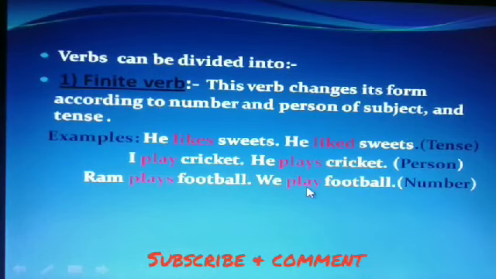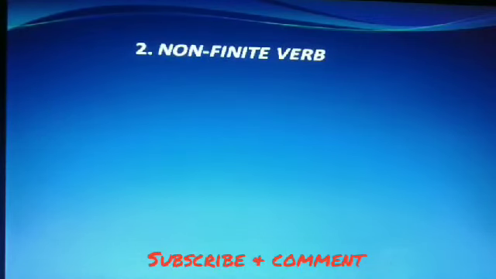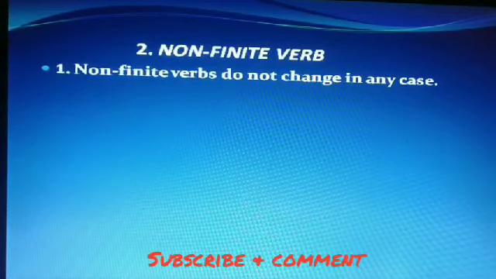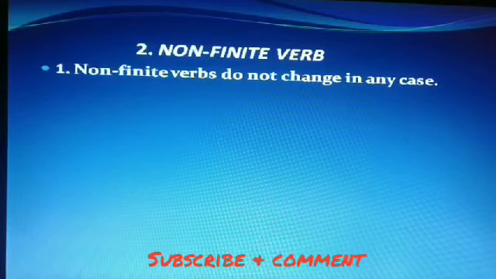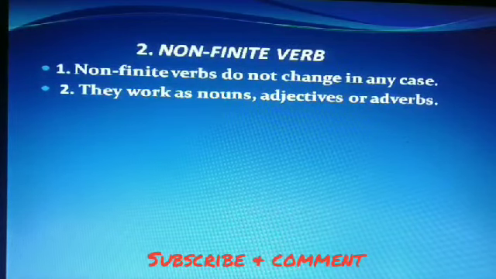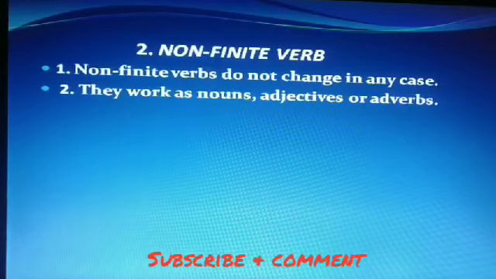Non-finite verb, you must remember, non-finite verbs do not change in any case. They do not change their form in any case. They work not as verbs, but as nouns, adjectives, or adverbs. You know the functions of nouns, adjectives, or adverbs. They work mostly as nouns, adjectives, and adverbs.